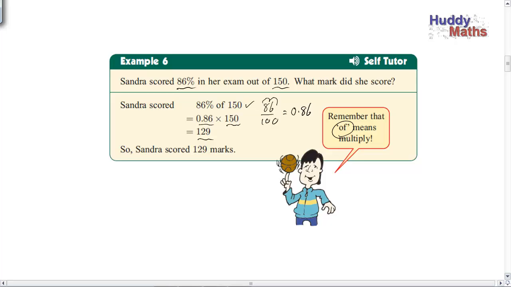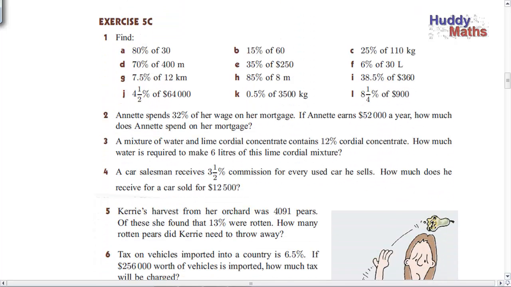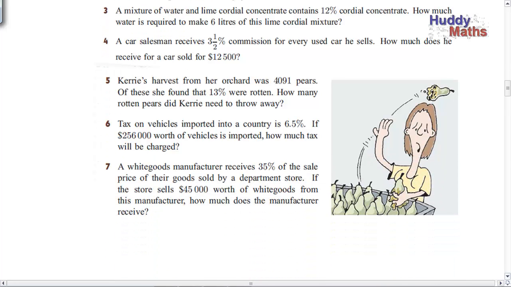Let's go down. I want you to have a go at this, 5C now. I'll give you the first 4 questions. For this presentation, have a go. I'm going to show you the answers further on. So once you've done a few, toggle on. You don't want to keep doing them if you're getting them wrong. So go forward and back and just check your answers. Here come the rest of this set now. 5, 6, 7.